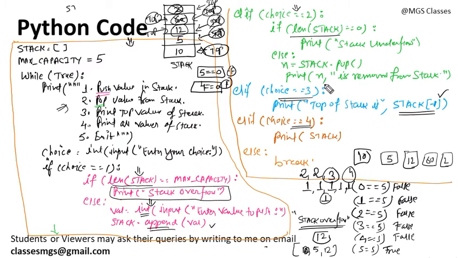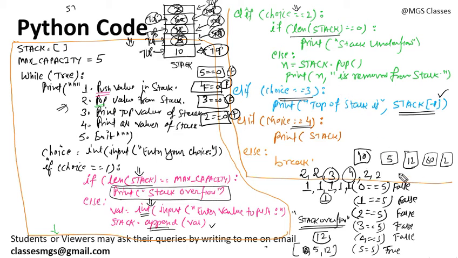Let's suppose a user has again entered choice 2. Because this is infinite, you can keep on entering choice 2, and this time the length of the stack is 3. 3 equals 0, condition false. This element will also be removed, the top will point to this position. If you enter 2 again, then the length of the stack will be 2 equals 0, condition again false. This value will be deleted from the stack and your top will point to this position, 10.